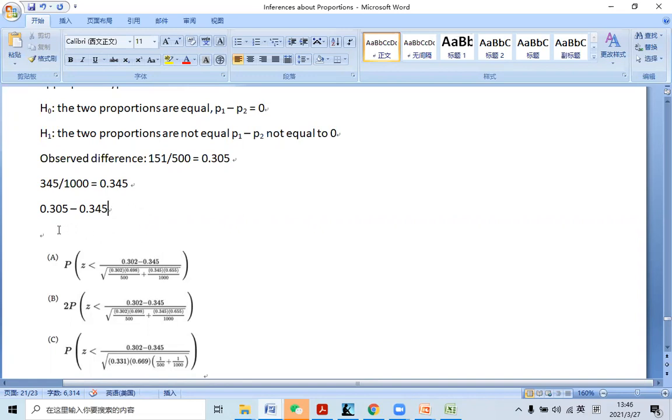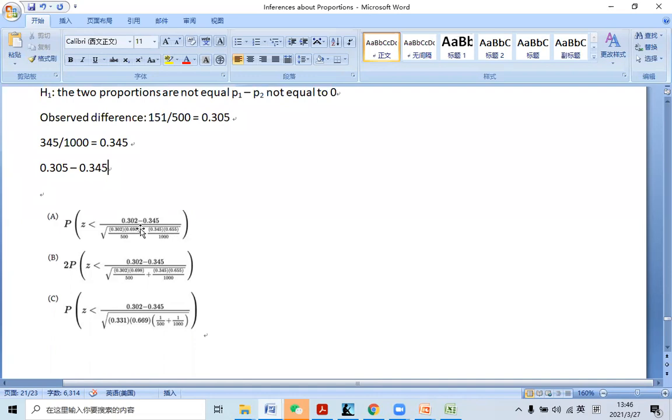How many standard deviations from zero? You want the z-score. The key information you are missing is the standard error, the standard deviation. You need to estimate the standard deviation.